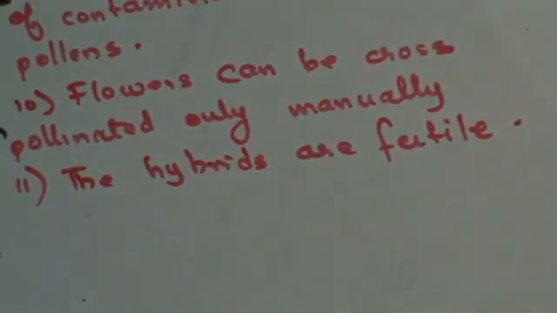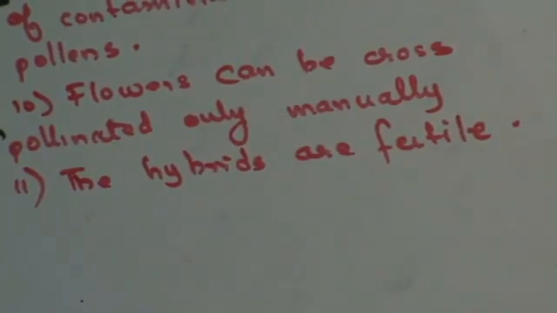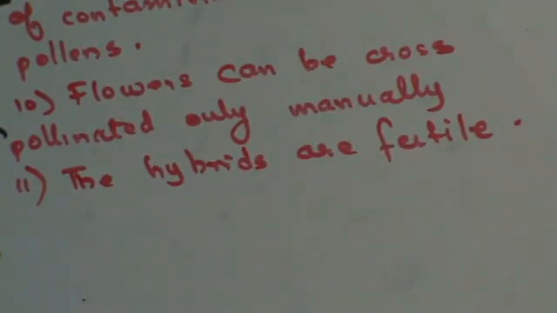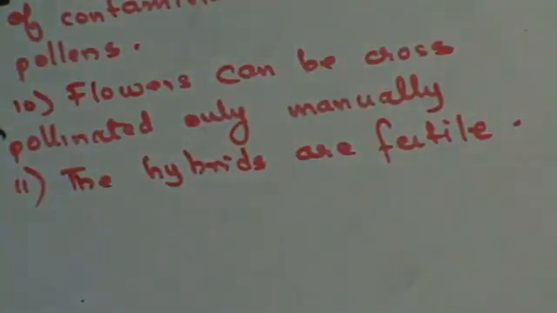Now, what was his experiment? What were his conclusions? Before I actually go into this, I will first teach you certain terminology that I would require for genetics, right? Let's see genetic terminology.